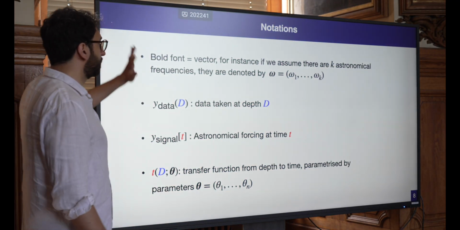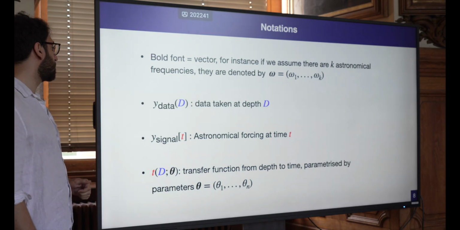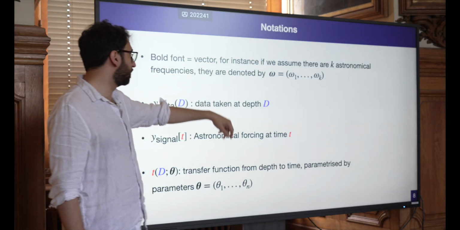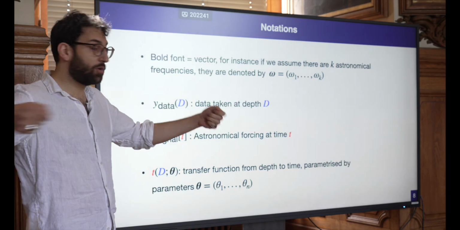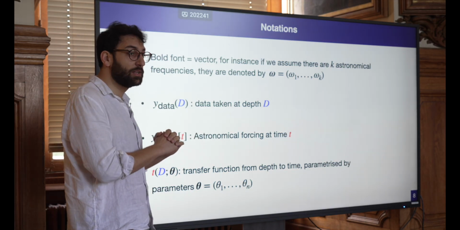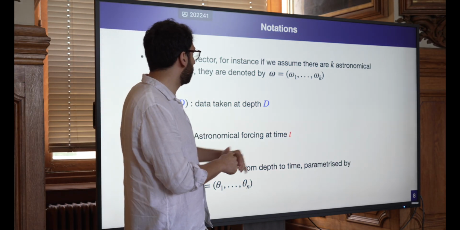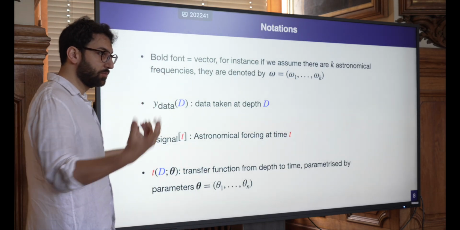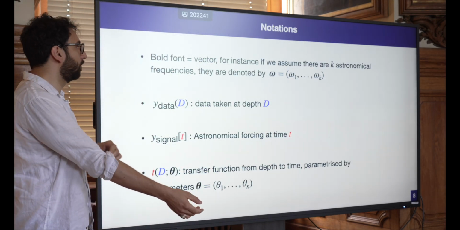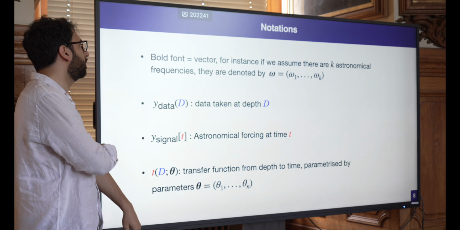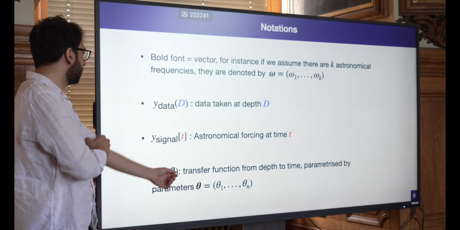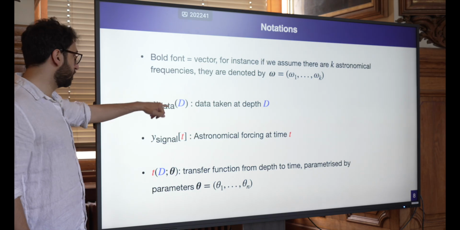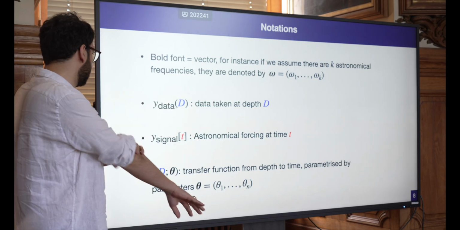Some mathematical notations. When I use bold font, it means that it's a vector. For example, if I have several fundamental astronomical frequencies, I will denote them by a bold font omega, which is a vector or a tuple of the frequencies. This is the data, the proxy you want to model. So this is the actual data.